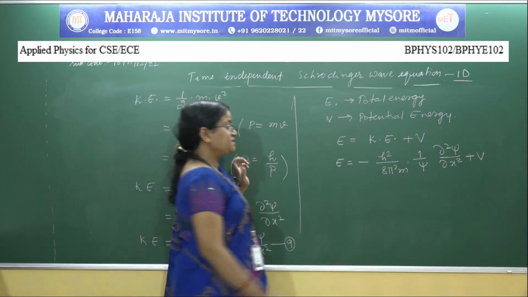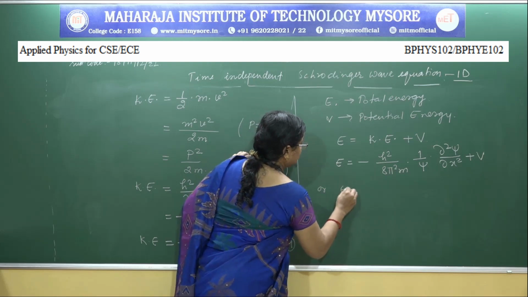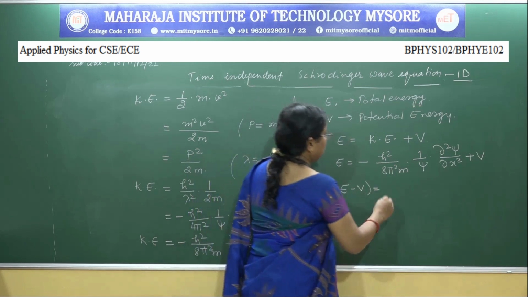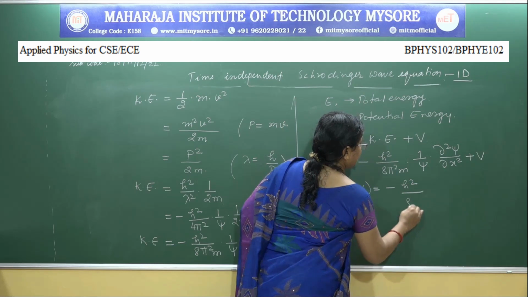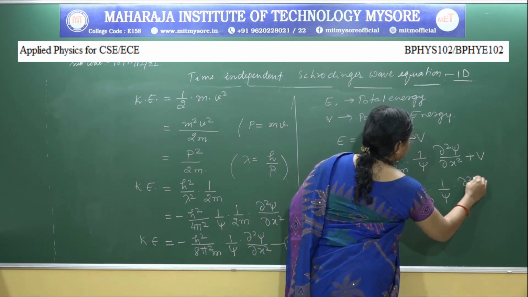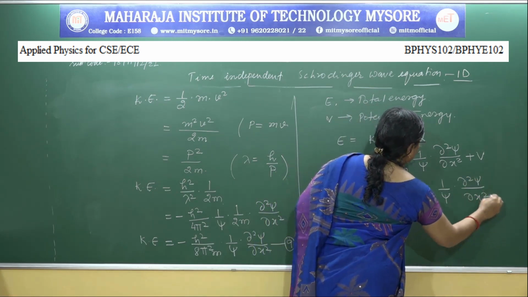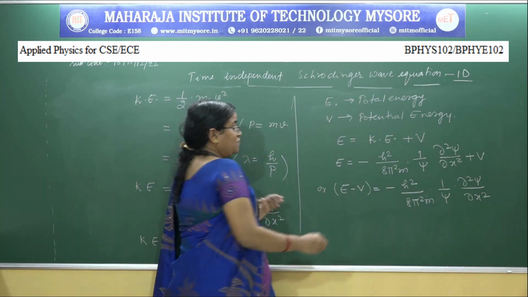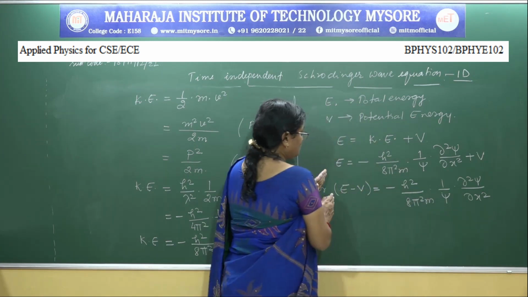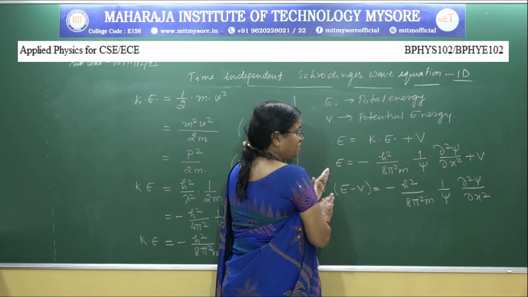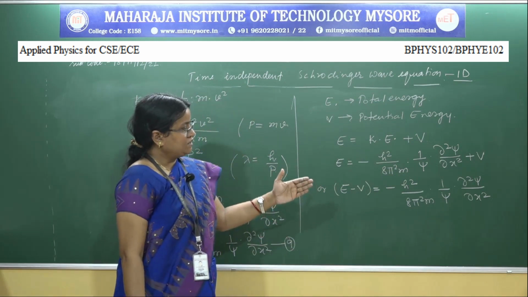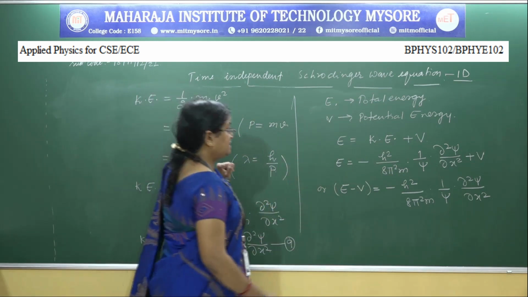Now further we will simplify this equation. We get E minus V is equal to minus h square by 8 pi square m into 1 by psi dou square psi by dou x square. Now we will cross multiply, we will take 8 pi square m psi to the numerator of the left hand side and h square will divide it. We will leave dou square psi by dou x square on the other side itself.